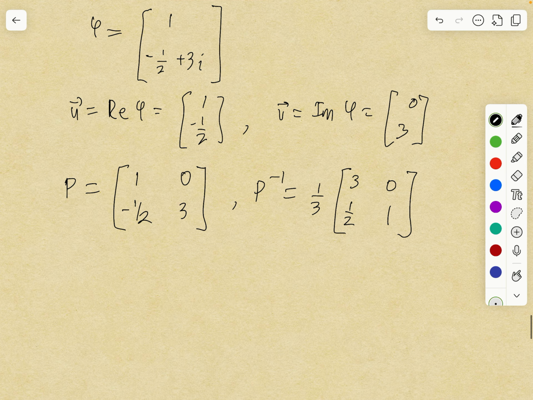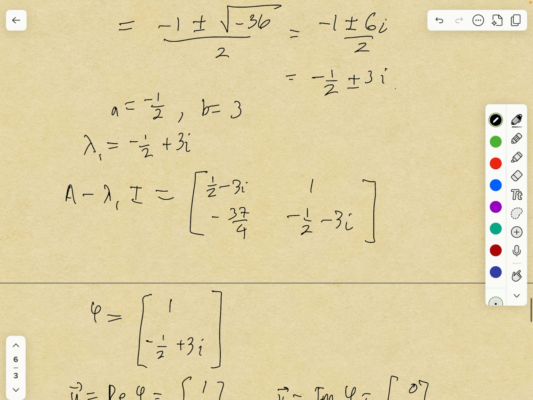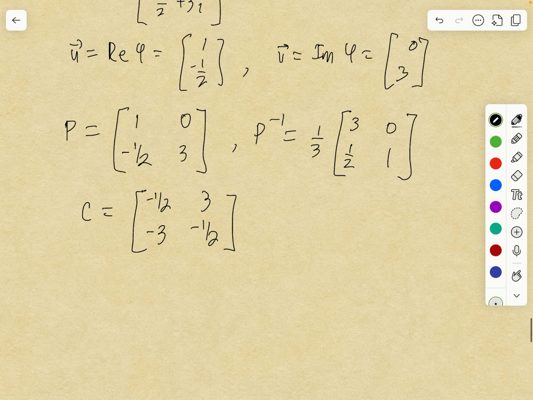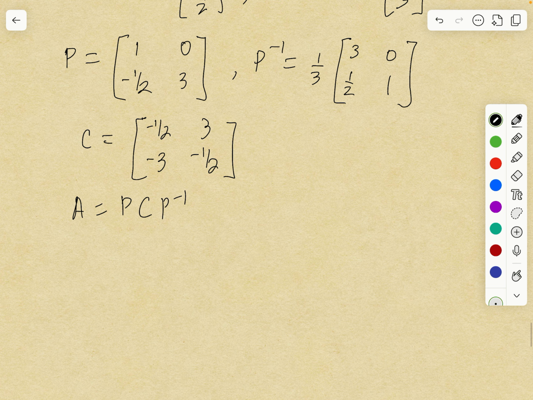Okay, and now let's write down what our C is. Our matrix C is, the first column is A, and then the second column is negative B, and then B, and then A. So A is equal to PCP inverse.